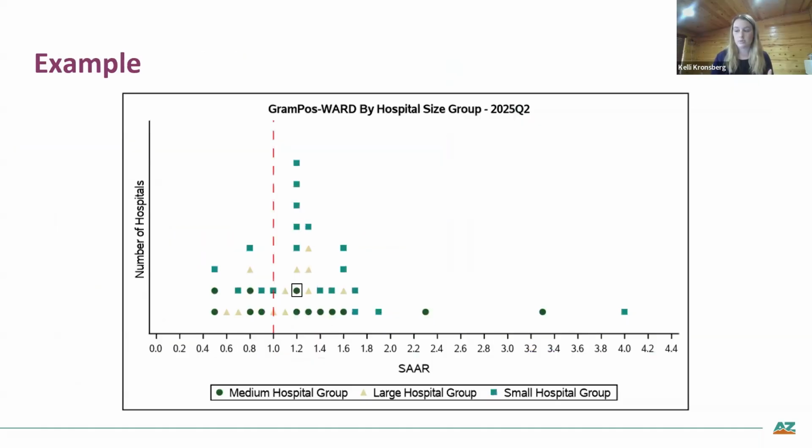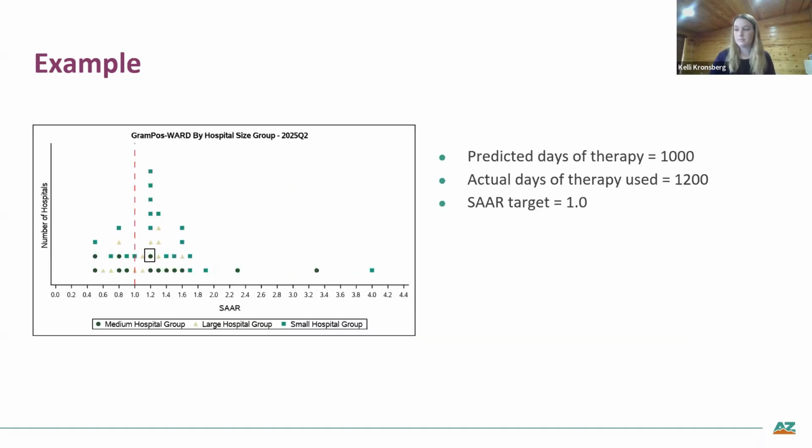So as another example here, let's say that this is the report that we receive. This is the gram-positive SAR, so our anti-MRSA agents on wards, so medical surgical units, for the second quarter. And I have a medium hospital group highlighted as our facility that we're looking at with a current SAR of 1.2, so just above what some might consider the target at 1.